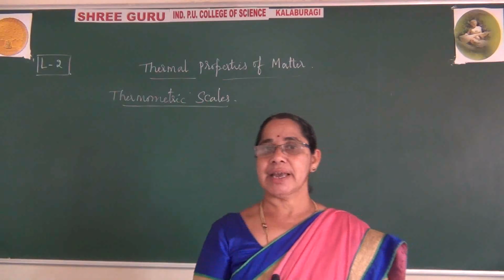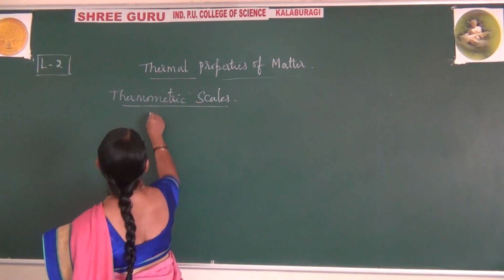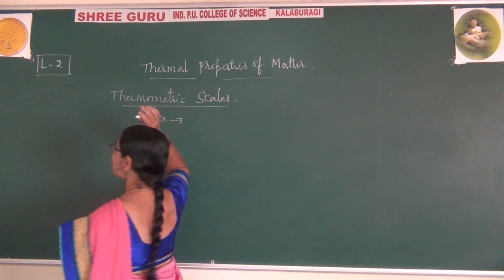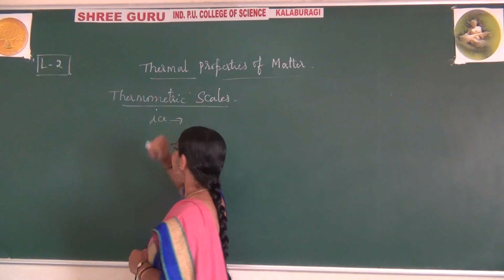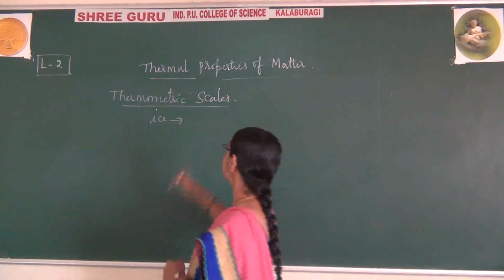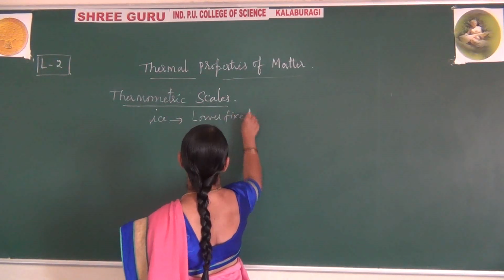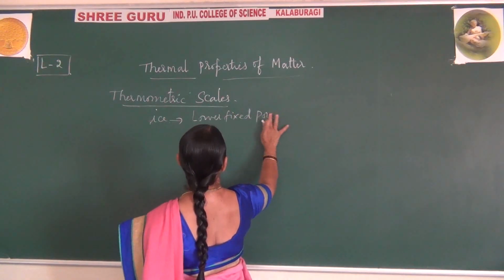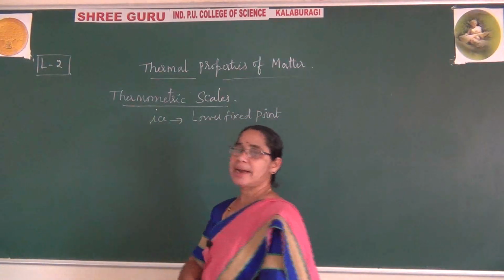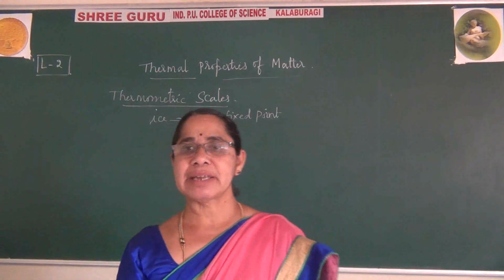So there is ice, the freezing point of water. Let me take it as the first point. That ice should remain the same throughout, and it is taken as the lower fixed point. Wherever you go, the temperature of ice remains the same.